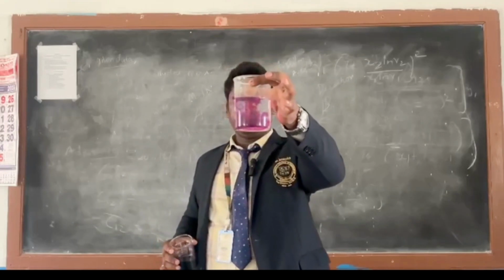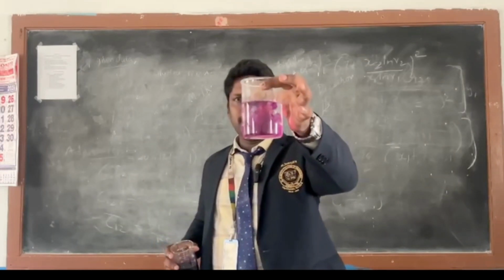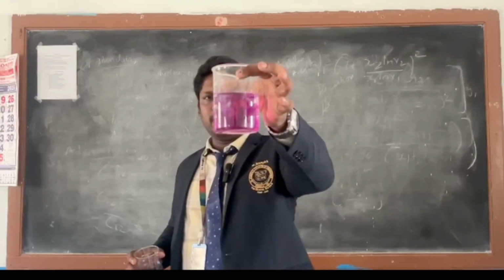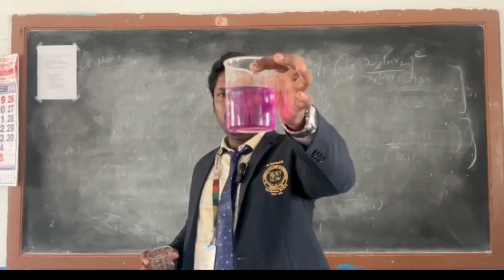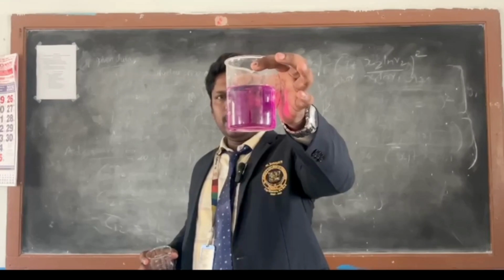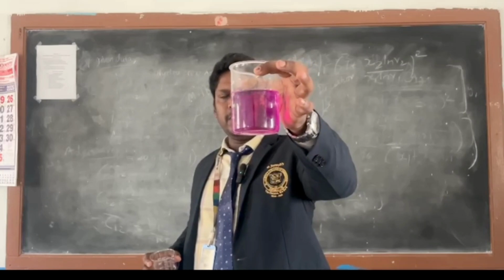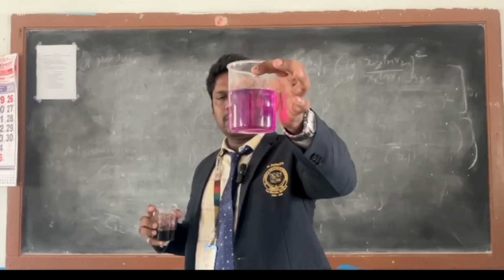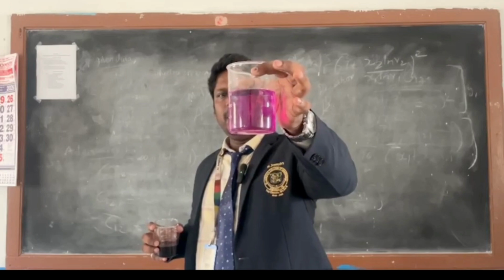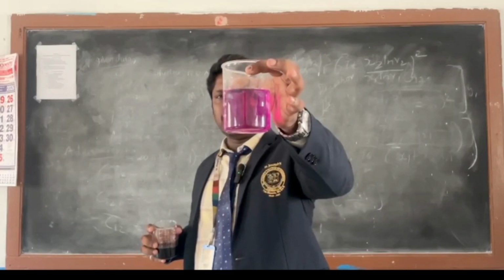I have added my potassium permanganate solution to my water. You can see the movement of potassium permanganate inside my water. This happens slowly to attain its equilibrium state, because the movement of molecules slowly reduces the concentration from its initial concentration.